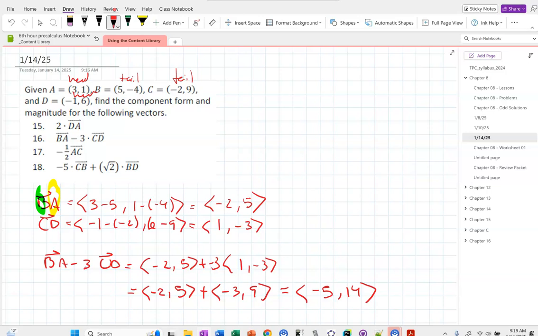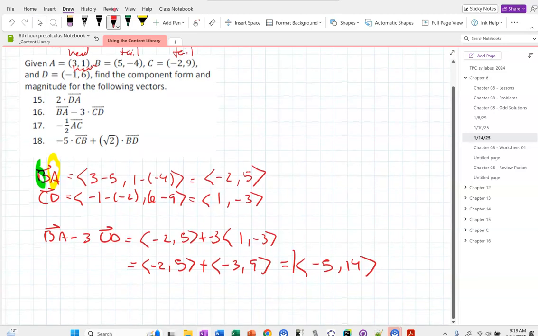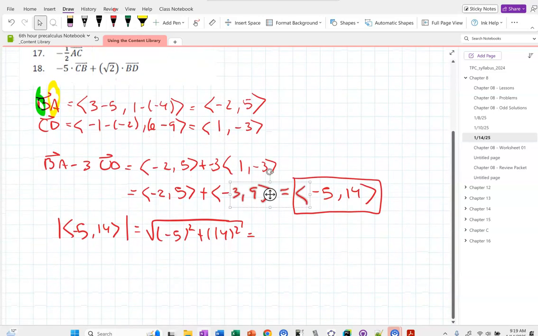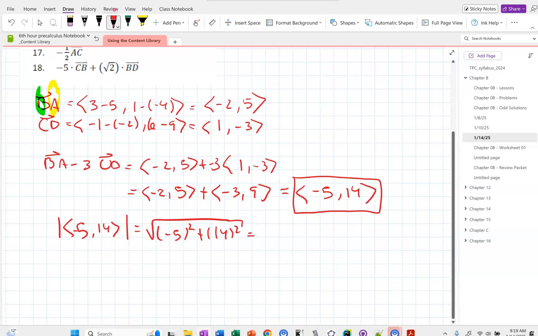And then if I want the magnitude, that's the square root of negative 5 squared plus 14 squared, or the square root of the x component squared plus the y component squared. So that's 25 plus 196, which is 221, I think.